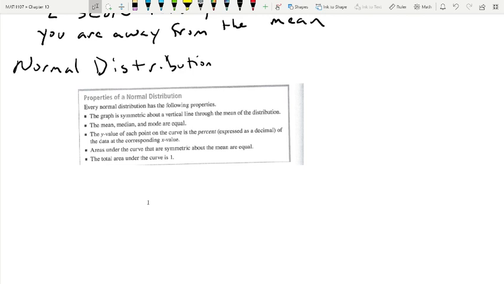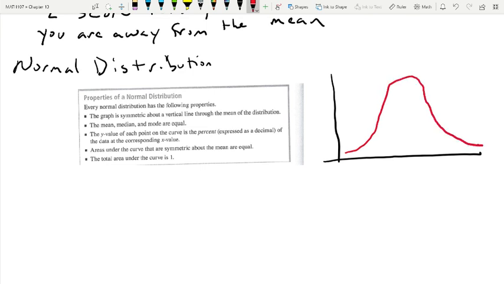So a normal distribution is a nice symmetrical curve. It looks something like this. Not very symmetrical, but there we go. Okay. And we have that everything is lined up with the mean, the median, and the mode. So those things are true in regards to our normal distribution.